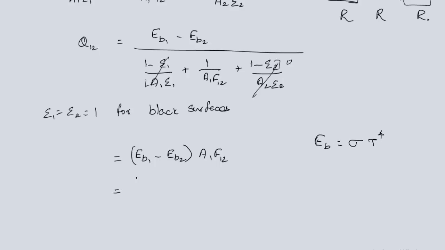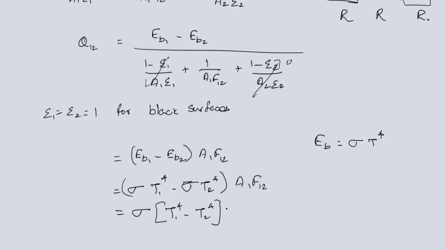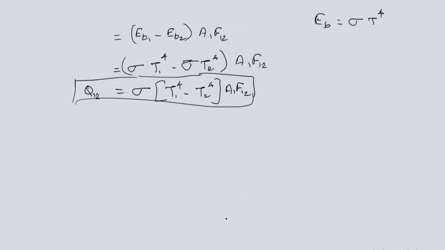So substituting sigma T1 to the power 4 minus sigma T2 to the power 4 into A1 F12, sigma can be taken common: sigma into T1 to the power 4 minus T2 to the power 4, into A1 F12. This is the final equation for heat transfer between two surfaces, right? This is nothing but the evaluation of the Stefan-Boltzmann law. Okay, thank you all.